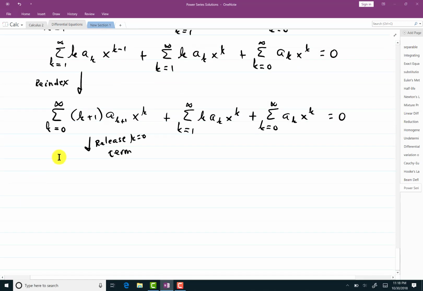And when k equals 0, I'll have 0 plus 1, a sub 0 plus 1, times x to the 0, plus, and then the series will continue on from there. And so it starts at 1, x to the first power.